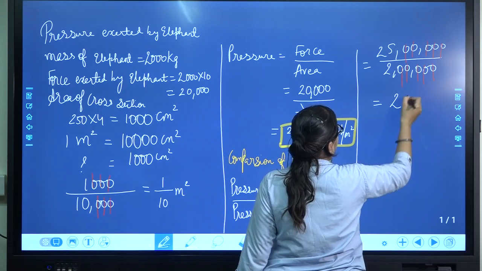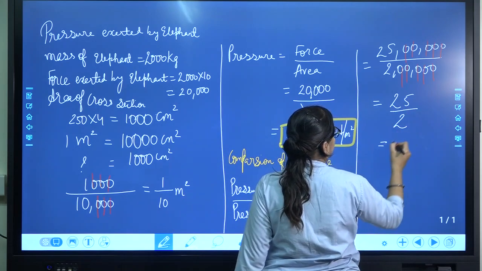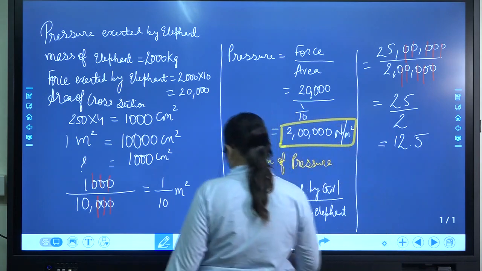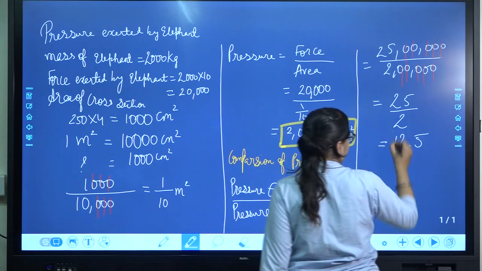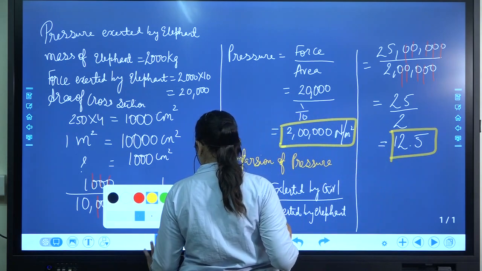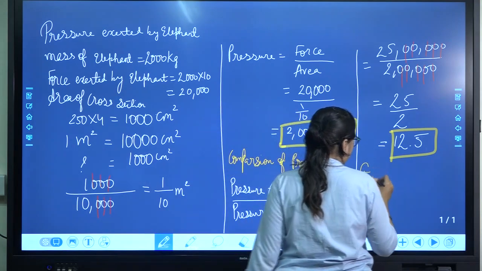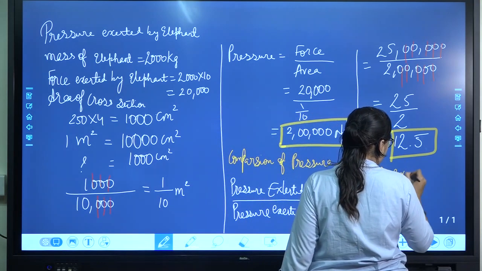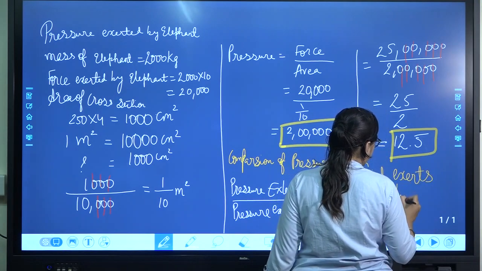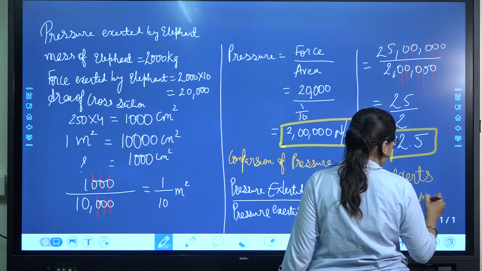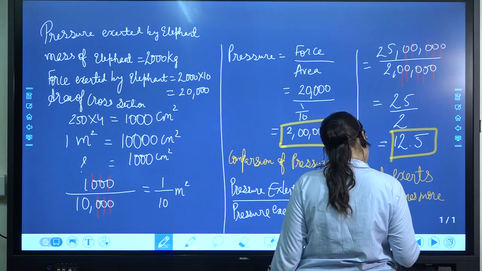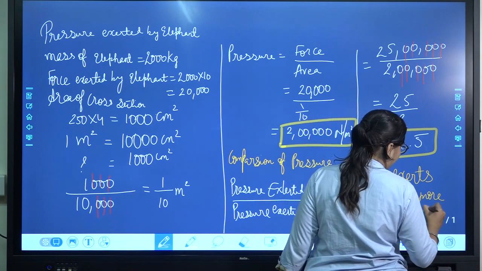It is 25 upon 2, which is 12.5. So, the girl exerts 12.5 times more pressure as compared to the elephant.